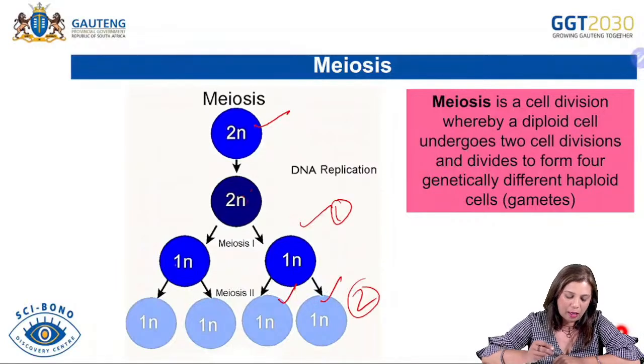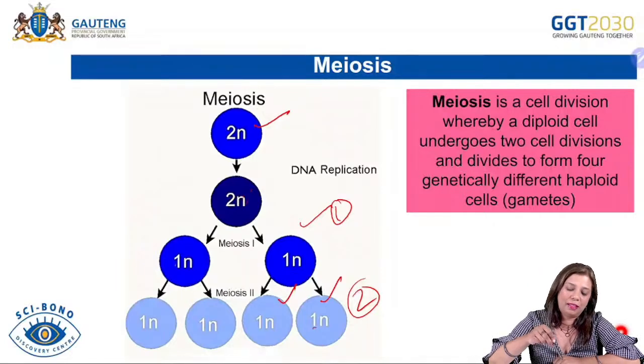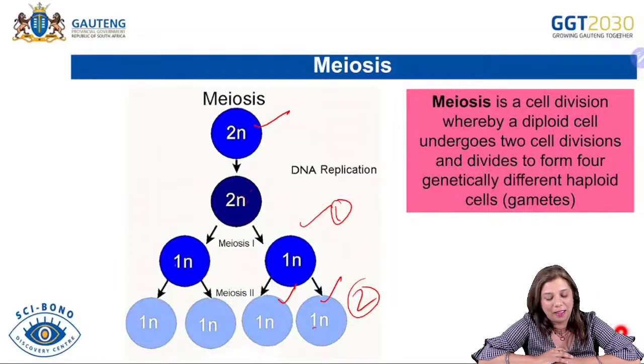Okay, and as we can see, we start off with 1 cell and we end up with 4 cells. And the definition of meiosis can be summarized in just this diagram. You have a parent cell which starts off as 1 cell and it undergoes 2 divisions to form half the number of ploidy as the parent cell.